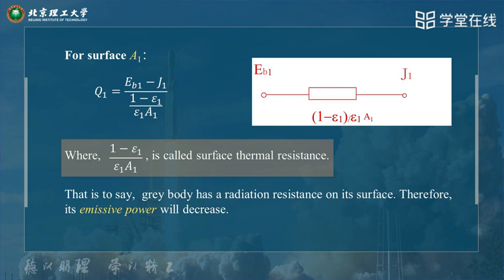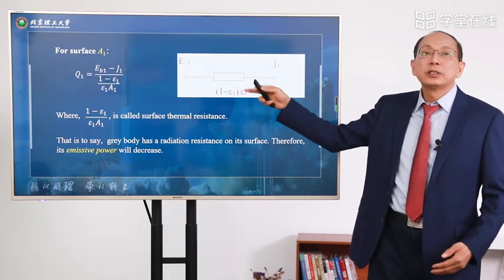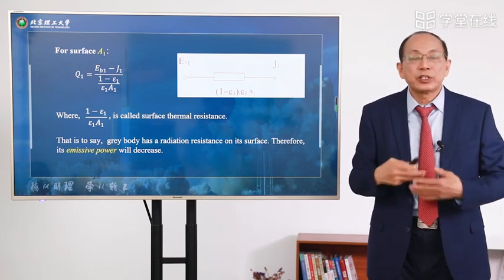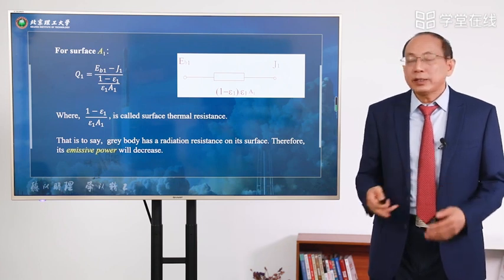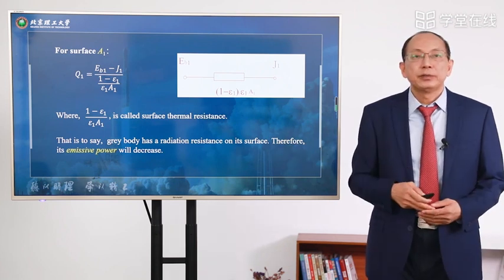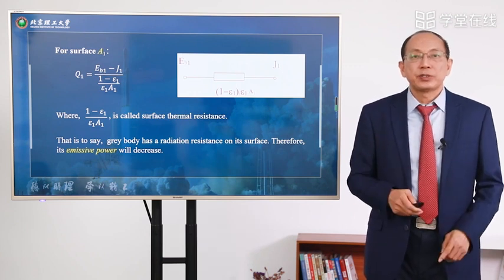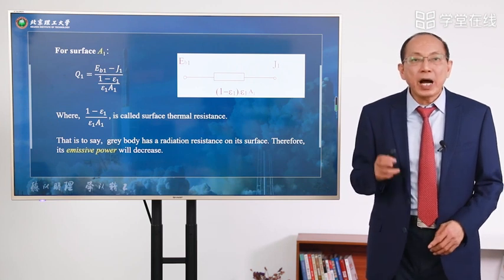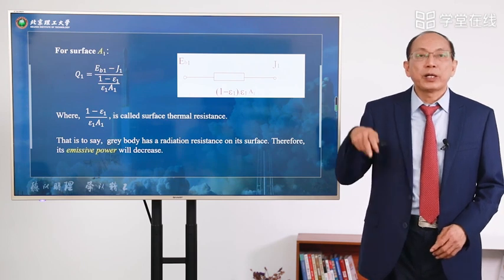We call it the surface thermal resistance, very similar to an electrical circuit resistance. That's to say, the gray body has a radiation resistance on its surface. Therefore, the emissive power will be decreased, becoming smaller.